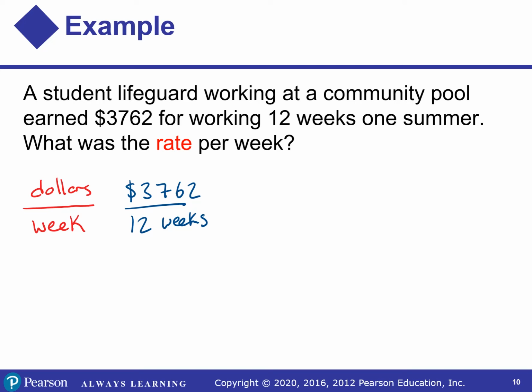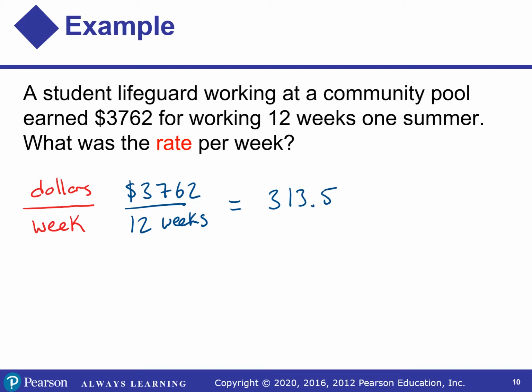And we want to always simplify our rates, or normally we divide the rate and give it as one single number. So the 3762 over 12, well, fraction means division. So what we want to do is divide 3,762 by 12. And again, this is a task for the calculator, but if we do 3762 divided by 12, we get 313.5.